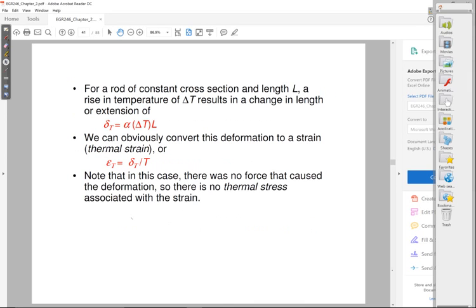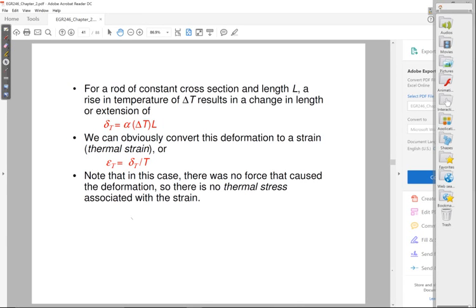Well, first of all, if you have a piece of material that you're going to heat up by some amount delta T, then it's very easy to determine how much strain you end up with in the material.